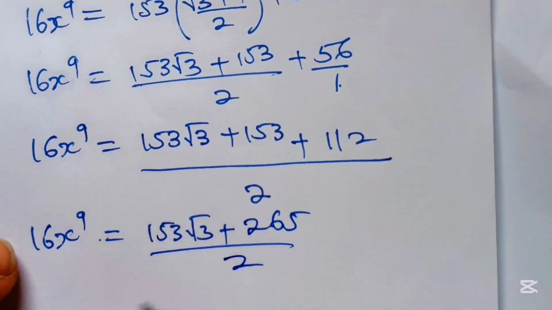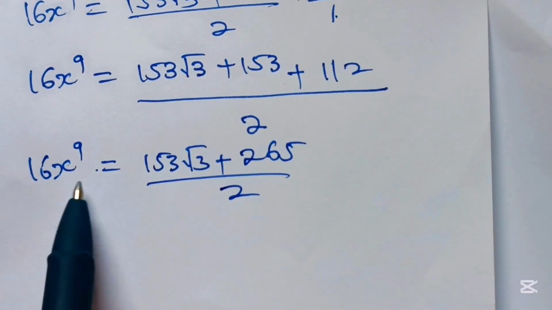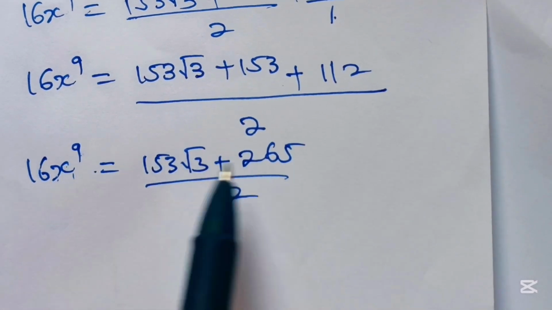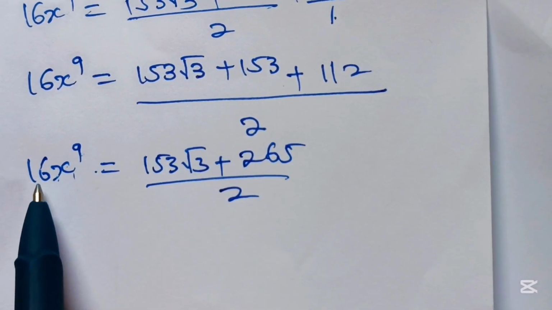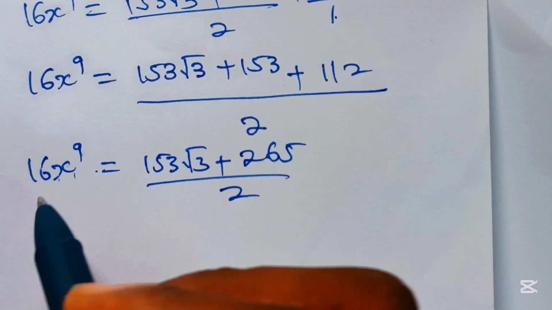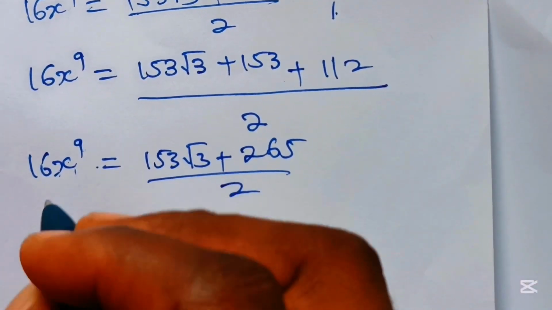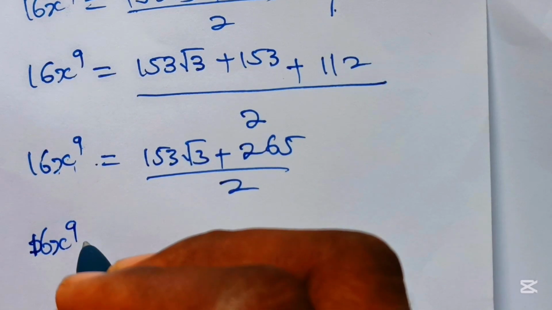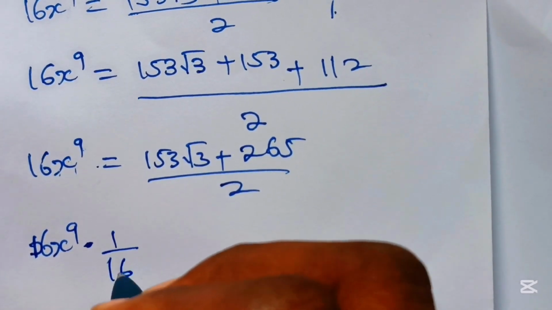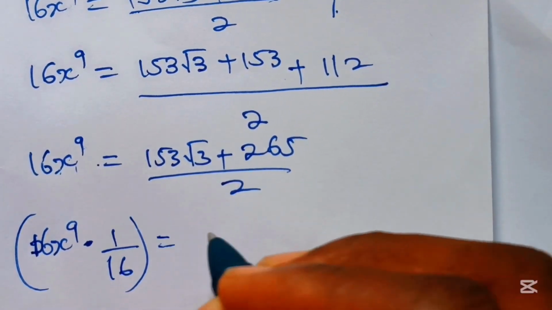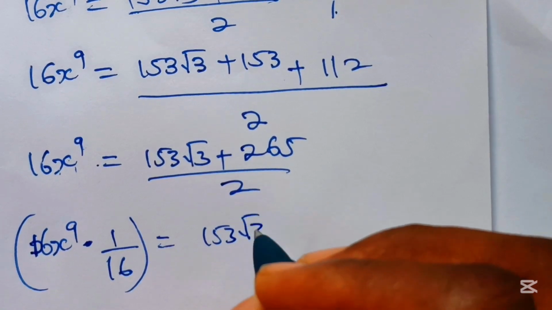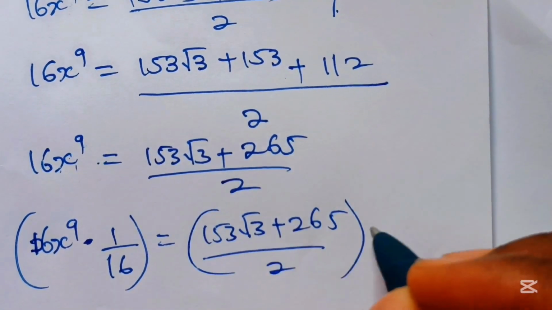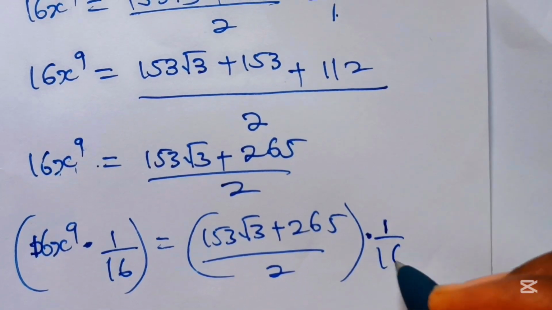265 divided by 2. Now let's factorize x to the power of 9 out, and to bring it out we need to multiply both sides by 1 over 16, sorry. So if we do that, we have 16x to the power of 9 multiplied by 1 over 16 is equal to 153 root 3 plus 265 divided by 2 multiplied by 1 over 16.